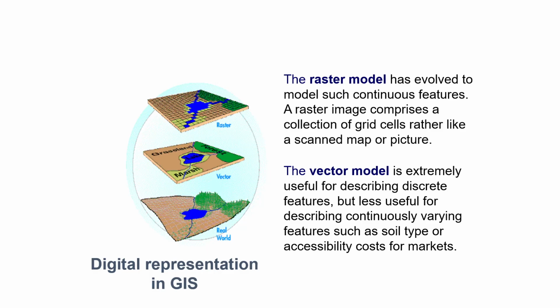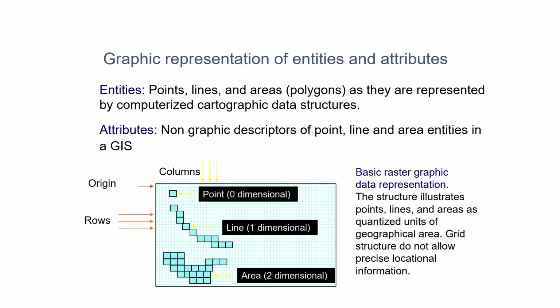The raster model has evolved to model such continuous features. A raster image comprises a collection of grid cells, rather like a scanned map or picture. On the other hand, the vector model is extremely useful for describing discrete features, but less useful for describing continuously varying features such as soil type or accessibility costs for markets.